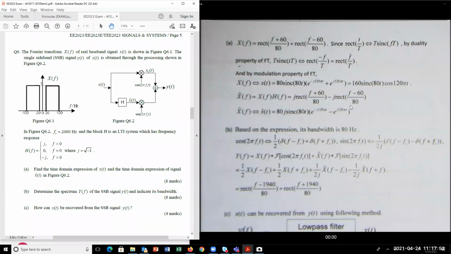Similarly, for this part, wherever we see F, we will replace by F plus FC. That's it. Substitution of the variables.